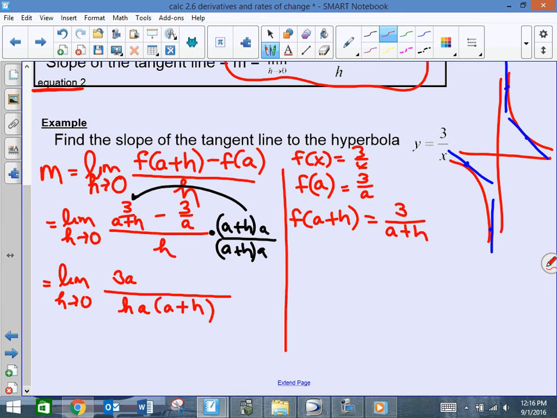Very good. The A plus H's are going to cancel. Nice. Okay. And what do we get when we do 3 over A times A plus H? Jenna? 3A plus H.